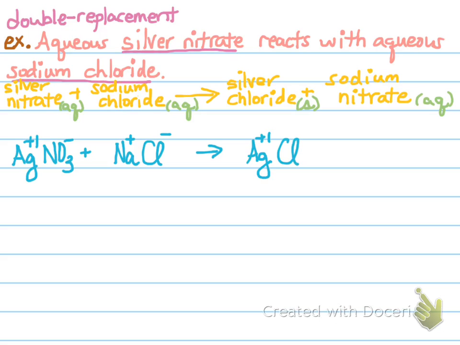Chloride is still Cl with a charge of -1 because it's in group 7A. Again, I have +1, -1, so nothing to do. Sodium is Na, still a charge of +1 because it's in group 1A, and nitrate is still NO3 with a charge of -1. So nothing to do. Now, I need to put my states of matter.